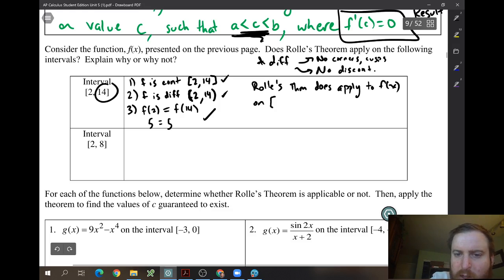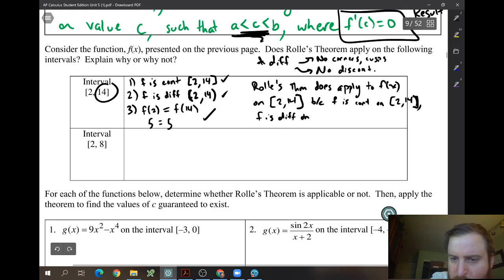on 2 to 14. And we need to explain all three of those because f is continuous on 2 to 14, brackets. f is differentiable on 2 to 14, this one with parentheses. If you mess up the parentheses and the brackets, they're most likely not going to ding you.